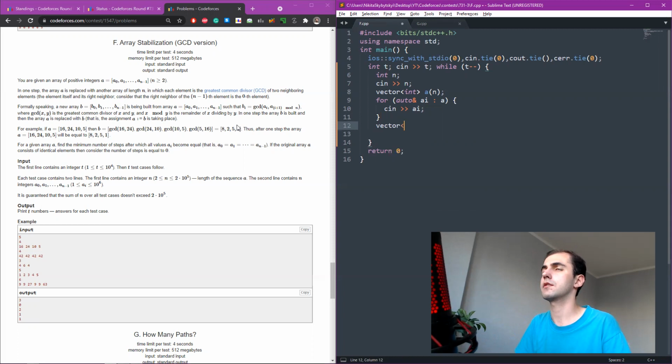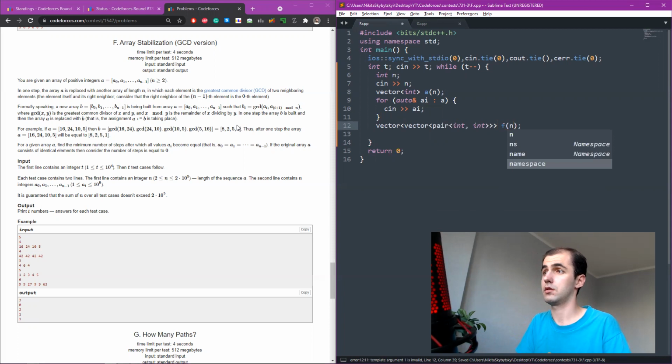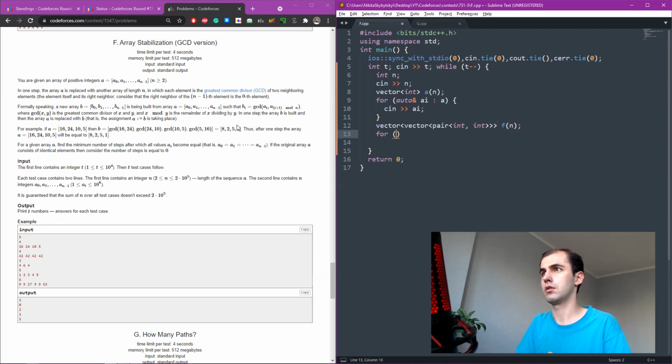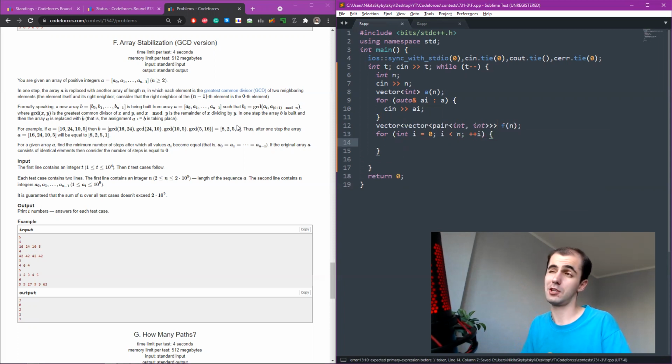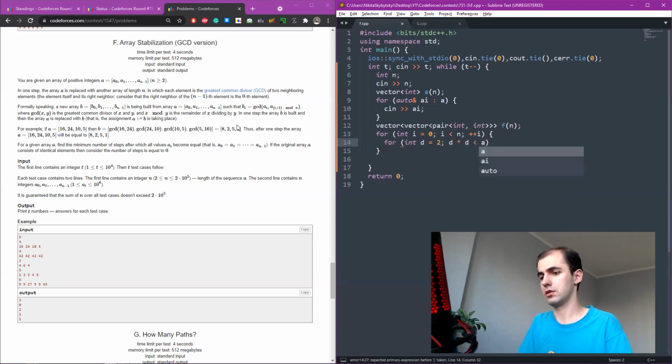Okay, well, let's just say that we have vectors of pairs. Okay, at least that's more interesting, right? Not from here, but rather from here.